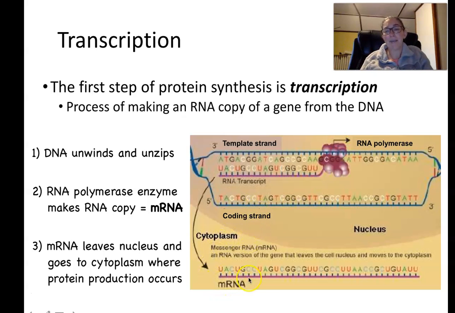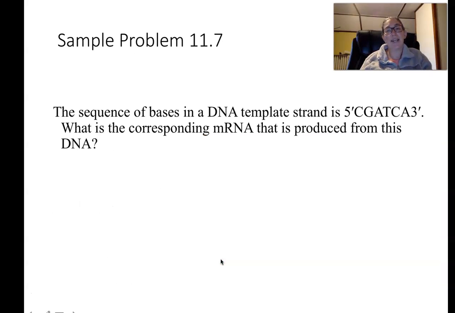So once that mRNA is complete, it leaves the nucleus and goes into the cytoplasm where it can encounter ribosomes in order to make proteins. A quick sample problem here from the textbook. The sequence of bases in a DNA template strand is CGATCA. What is the corresponding mRNA that's produced from this DNA?